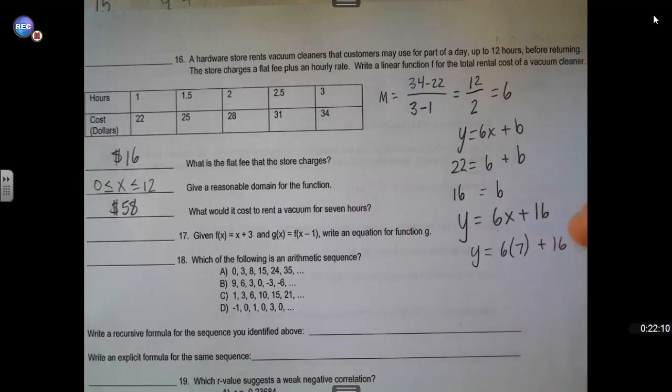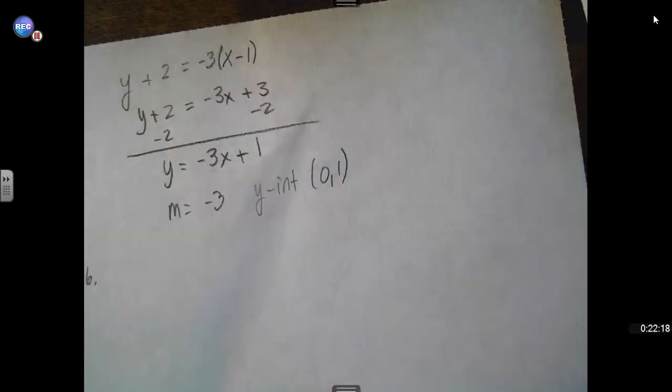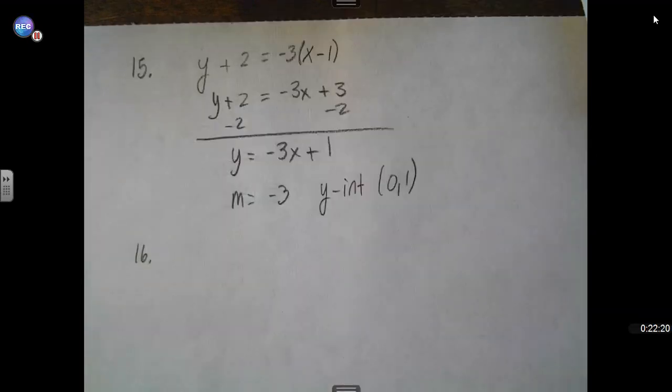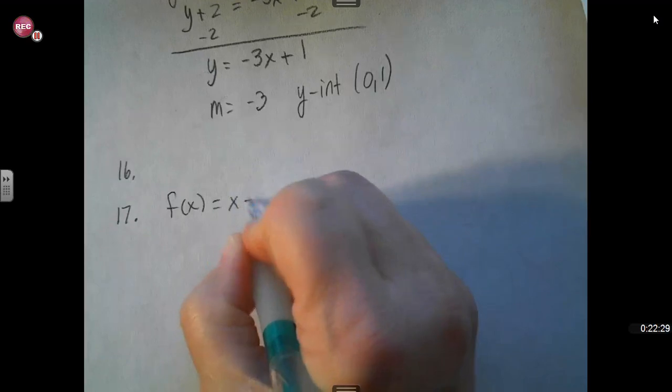Okay. Let me go back to this paper. And I'm going to jump to number 17 now. And it says that f of x is x plus 3.